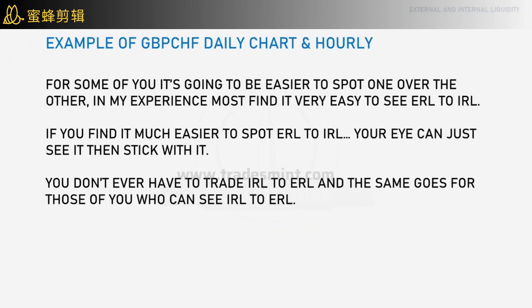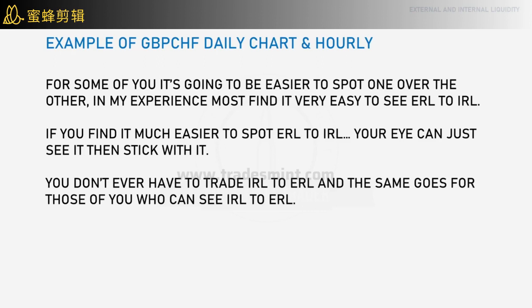So for some of you it's going to be easier to spot than for somebody else, but in my experience I found it easiest to see external range to internal range first. So we wait for an old high or an old low to get raided, and then we want to trade into an imbalance as a clear draw on liquidity. If you find it easier to spot external range to internal range, you can just stick with it like that.